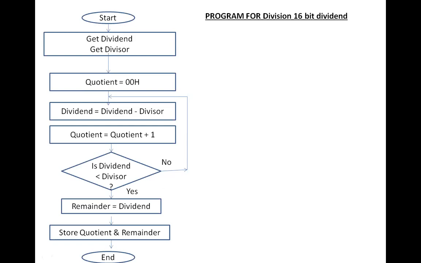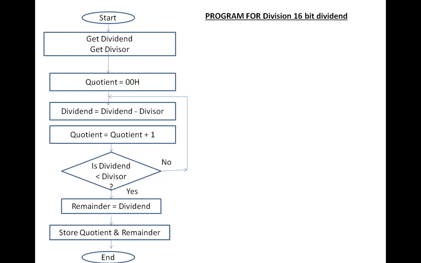And when the value of the dividend becomes less than the divisor, the value which you will be getting is called the remainder. For example, if we have to divide 4 by 3, it will go one time.